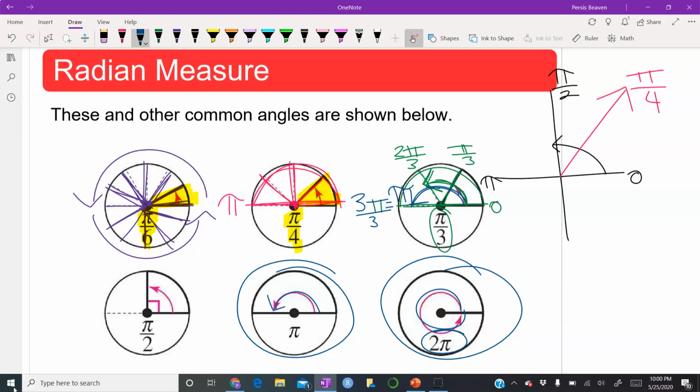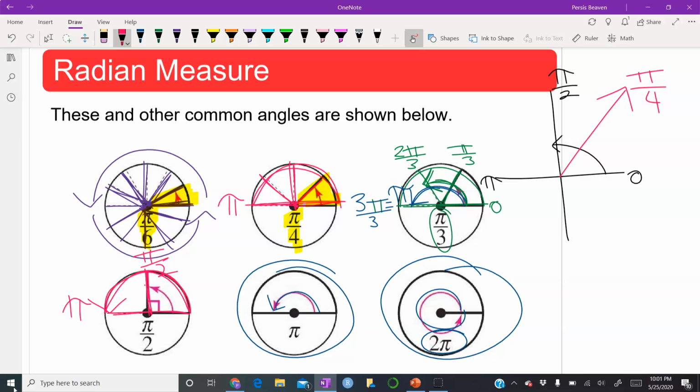So lastly, we already covered it, but let's go over it again. So if you take pi, which is half of a circle, and you cut that in 2 equal parts, that will equal pi over 2.